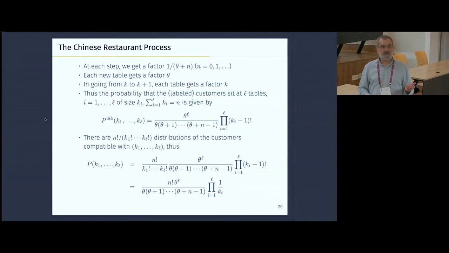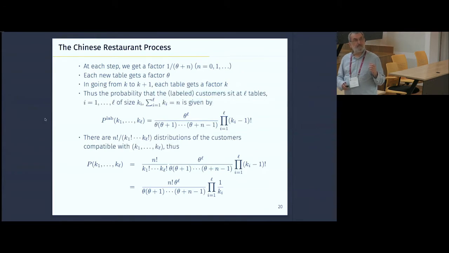Now we have to bin. First of all, this is for labeled customers, and we wish to remove the labels. So we multiply by all the ways in which you can choose which customer sits at which table. This is the origin of that factorial that we have seen. This is just a rewriting.